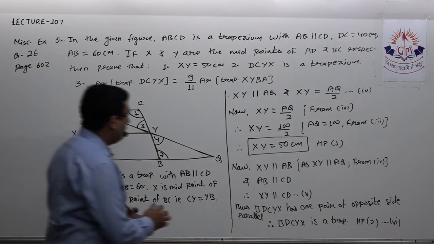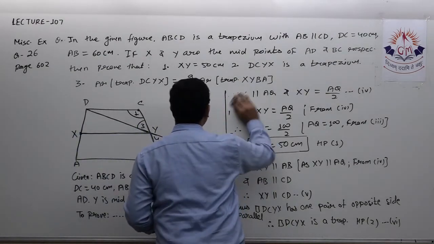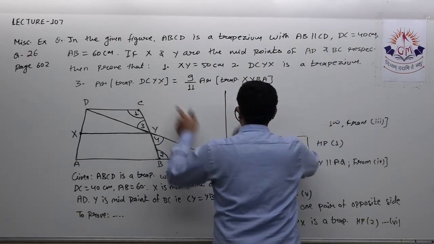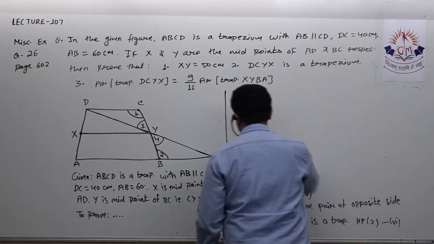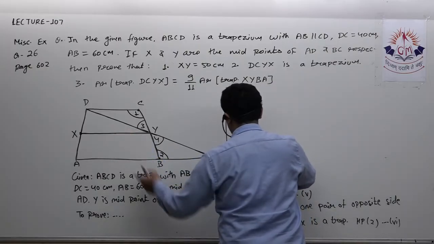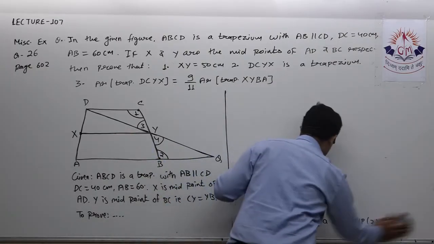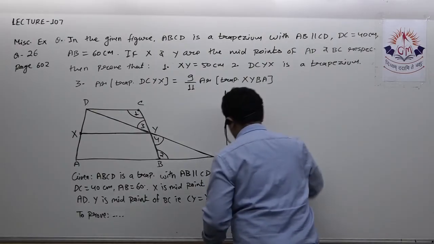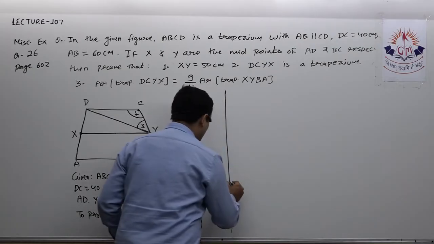Okay, now let us see the last one. That means we have to find the relation between the areas of this upper trapezium and this lower trapezium. For that we simply need the lengths of their parallel sides as well as their heights.